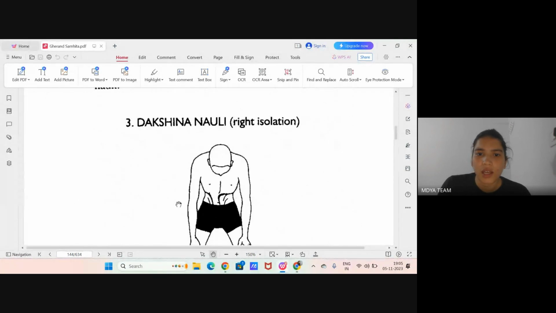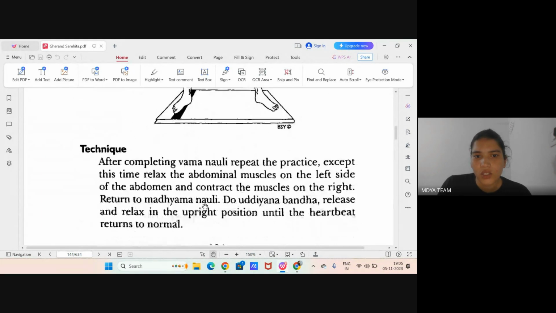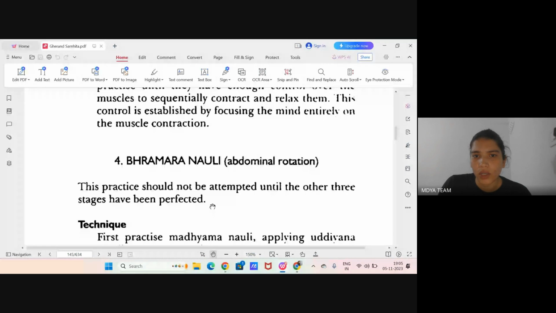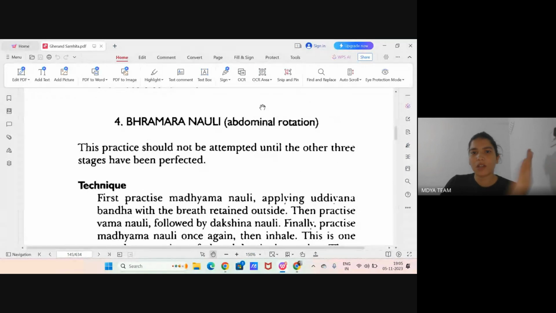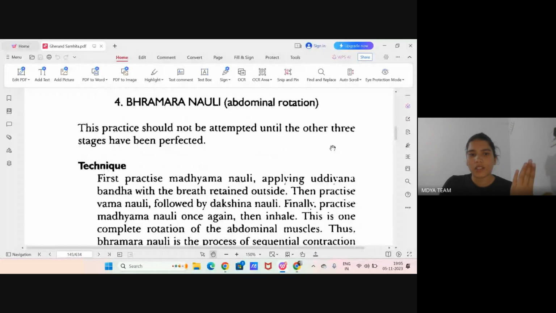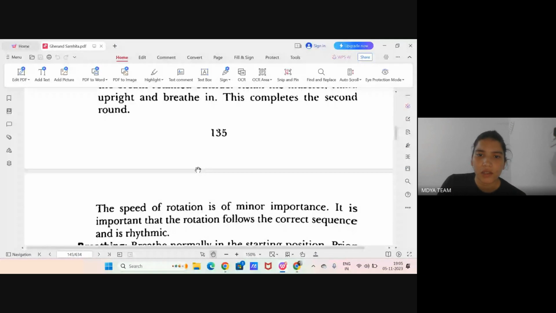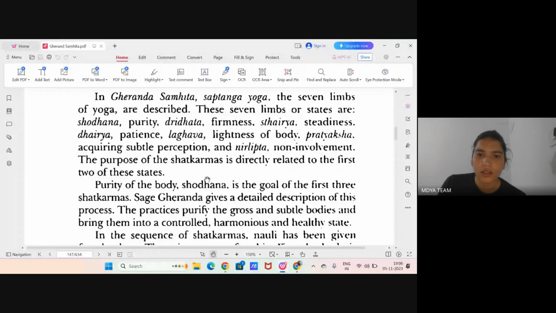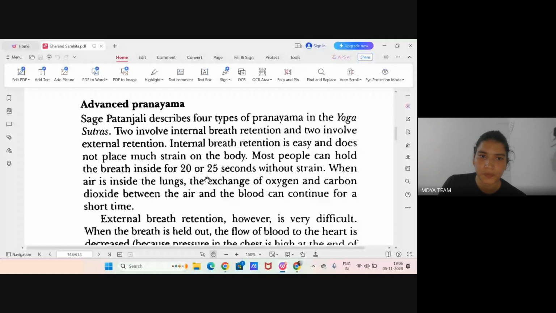When you take it to the right side, Dakshina, this is called Dakshina Nauli. Next is Bhramari Nauli. Bhramari is the abdominal rotation, a complete rotation of your abdomen. This is called Bhramari Nauli.